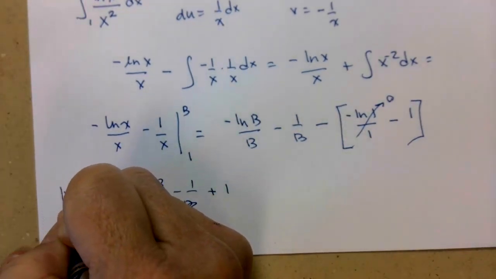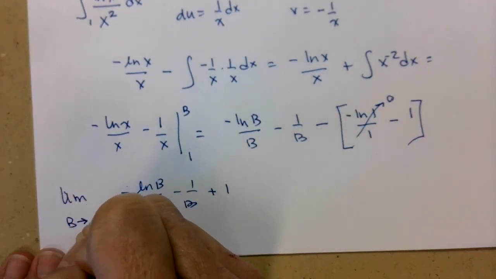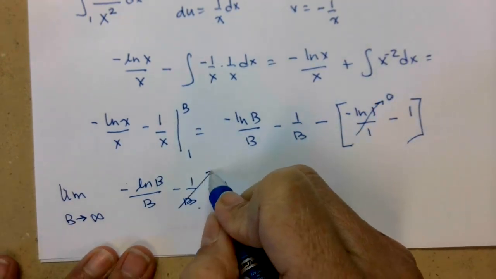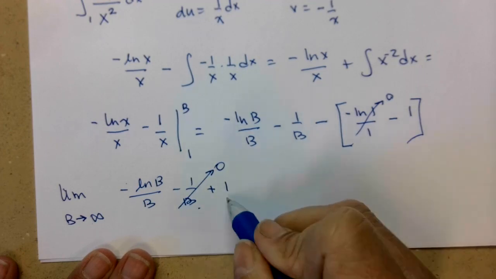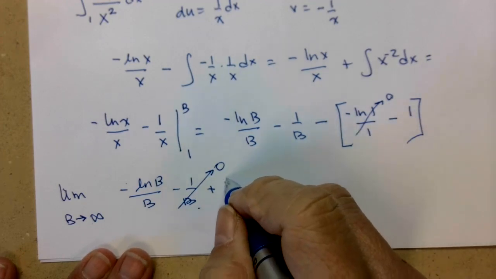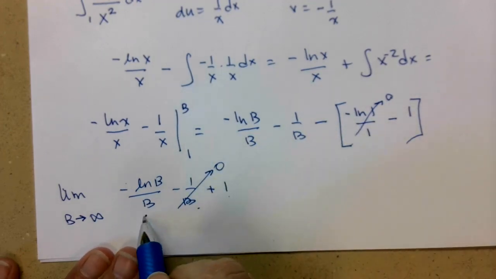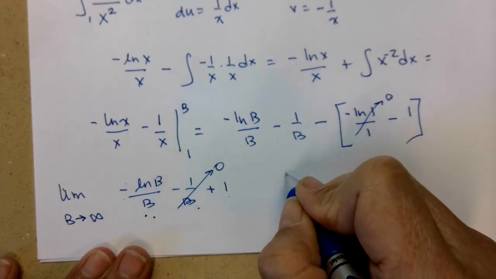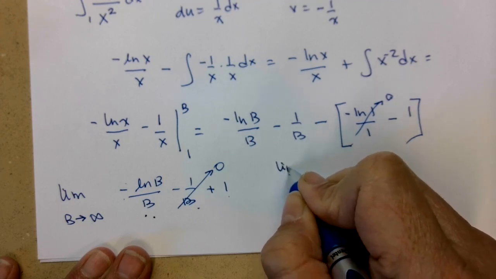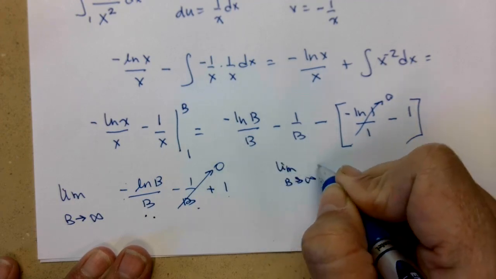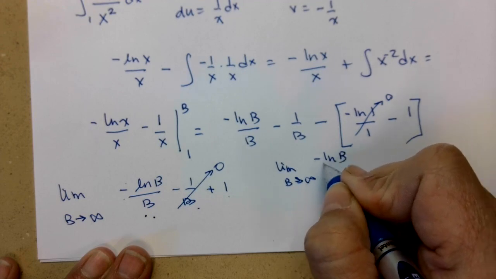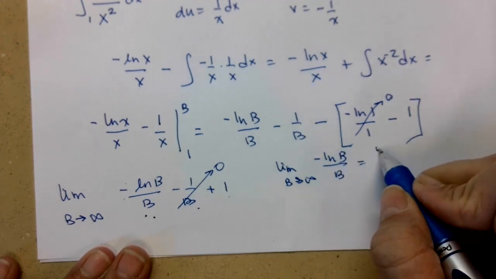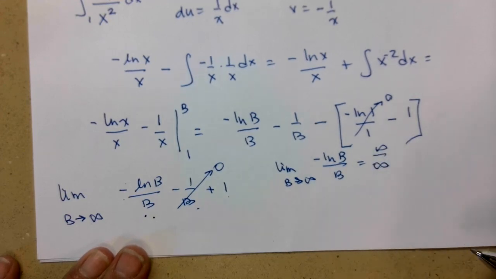Now let's take our limit as b goes to infinity. So this 1 over b, that's just going to go away. That goes to 0. 1 is a constant. It stays. And now this guy here, so I have negative natural log b over b. So this term right here, I'm just going to kind of take that out. So looking at the limit as b gets big of negative natural log b over b, I'm getting infinity over infinity, right?